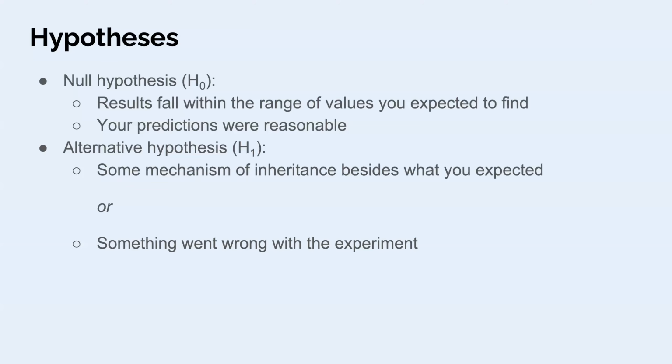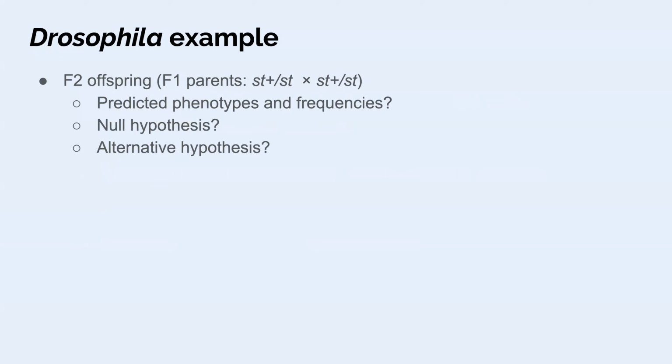Let's find out about some samples here. Here's a simple example looking at just one gene. If we cross parents that are heterozygous for the scarlet gene, we would predict, so let's do a little Punnett square here. Each parent has the ST plus allele and the ST allele.